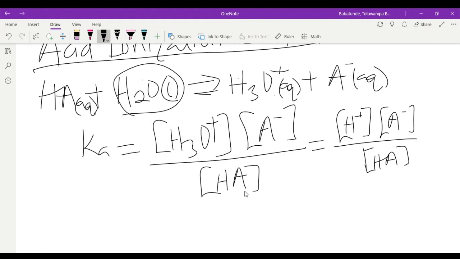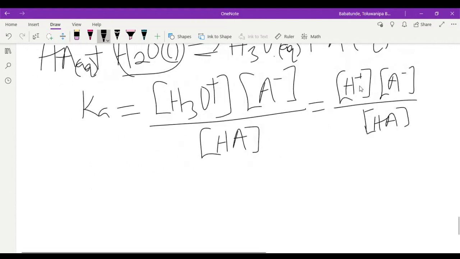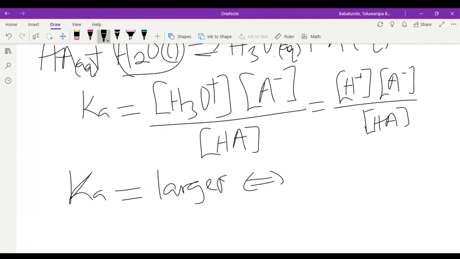And we know the larger the Ka, the stronger the acid is going to be, right? From our knowledge of equilibrium constant, if Ka is large, it means our acid is going to be strong. Larger Ka is equivalent to stronger acid.